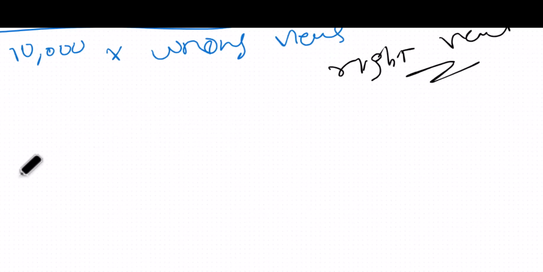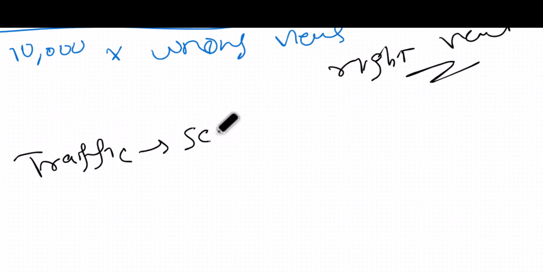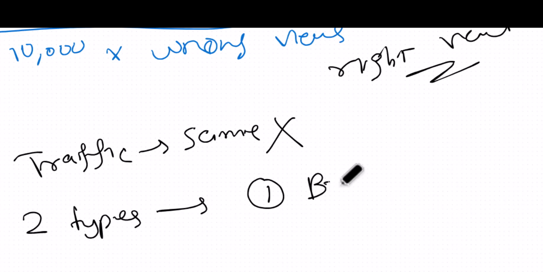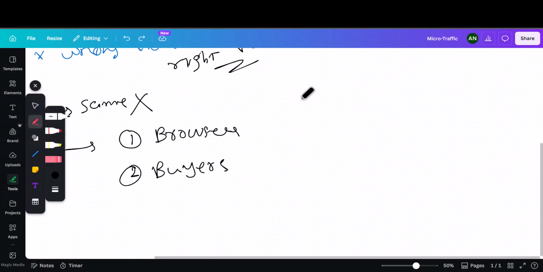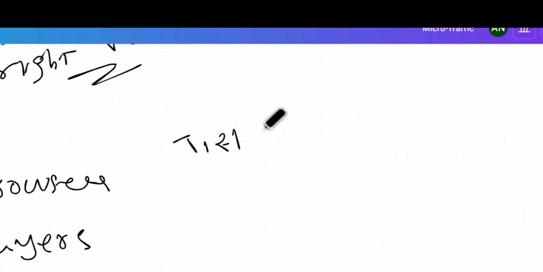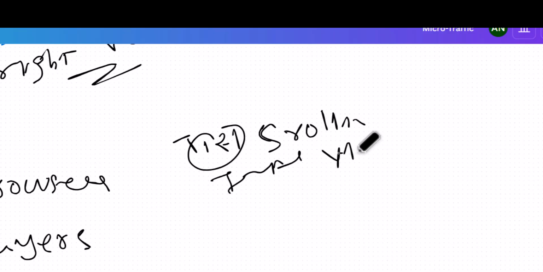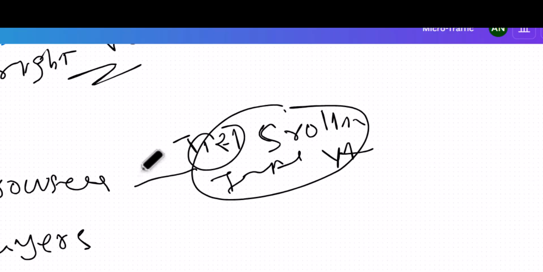The biggest mistake that beginners make is treating all internet traffic the same. They think all internet traffic is the same, which is completely wrong. There are two types of people: one is browsers and two is buyers. When a person is scrolling through TikTok, Insta, or YouTube Shorts, these types of traffic are browsers. They are bored, looking for quick dopamine hits.